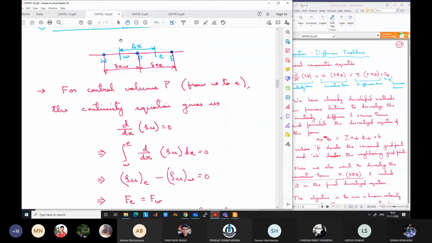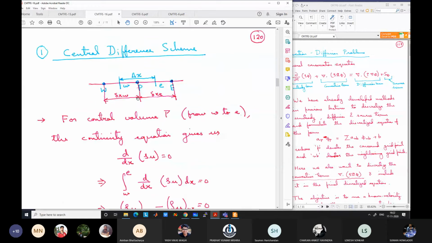We have already studied this numerous times for the previous cases while learning the diffusion-based problem, 1D or 2D. If it is a 2D problem, we can just extend it later. We will have north and south, and similarly delta y, delta y_n and delta y_s. Similarly for 3D, you will also have top and bottom, so you will have delta z, delta z top, delta z bottom.